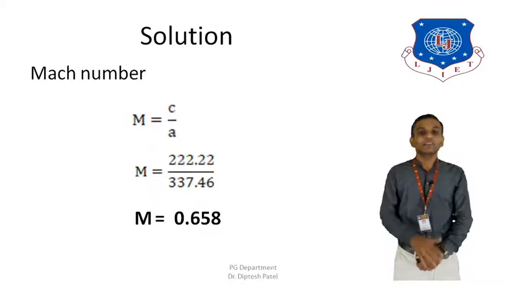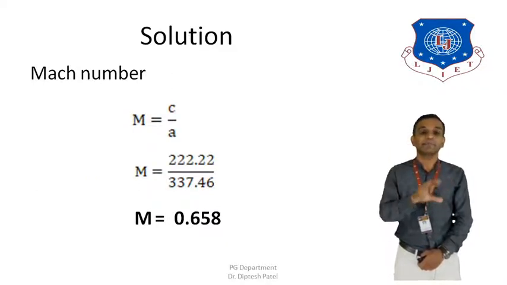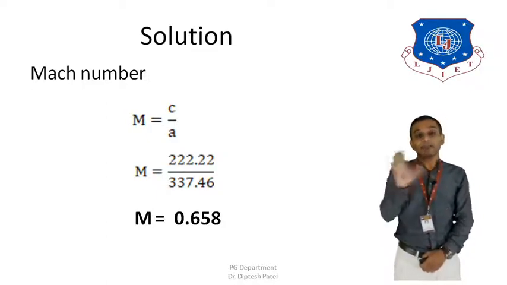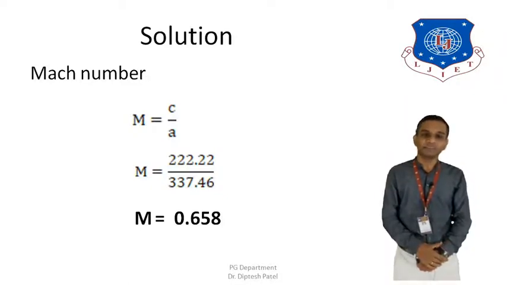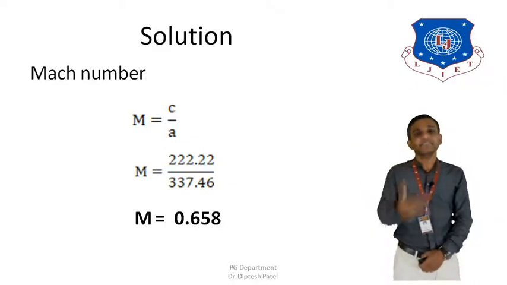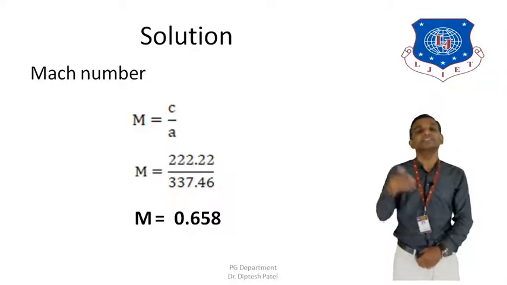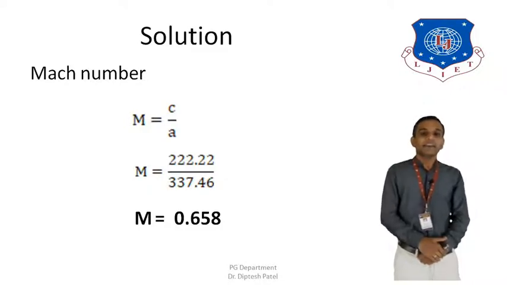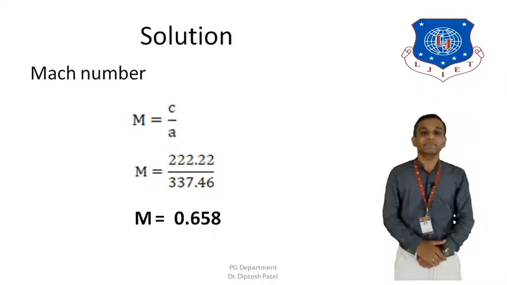Now let's move forward to the last finding. In this one we have to calculate the Mach number, which is the ratio of object velocity to the sound velocity. We already have these two values: the velocity of the aircraft is given, that is 222.22, divided by the velocity of sound that we calculated, which is 337.46.